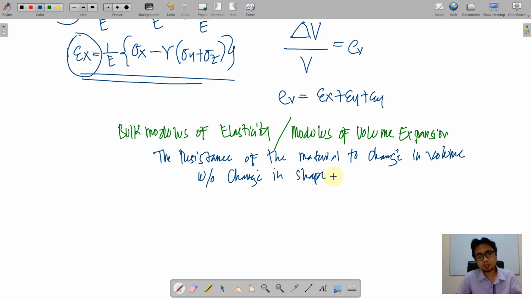Okay, so when we say change in shape, so kung cube yun, cube pa rin yun, kahit na humaba or it was shortened.